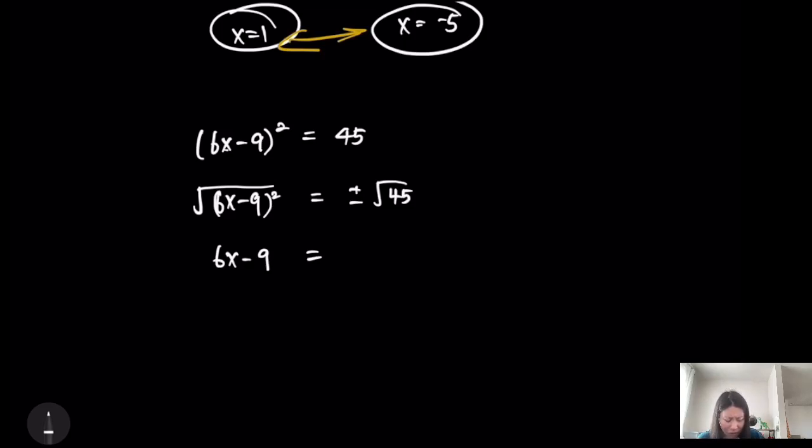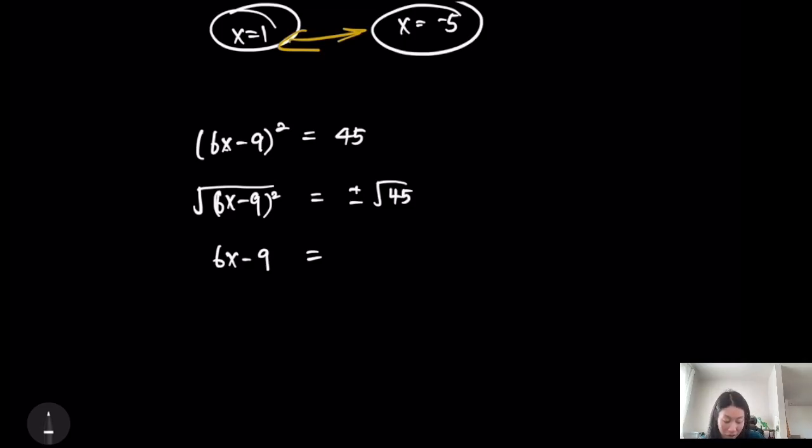Now I need to simplify the root. Remember how to simplify the root? You need to think about how to factor 45 so that one of the factors is a perfect square. Now we need to simplify the radical.